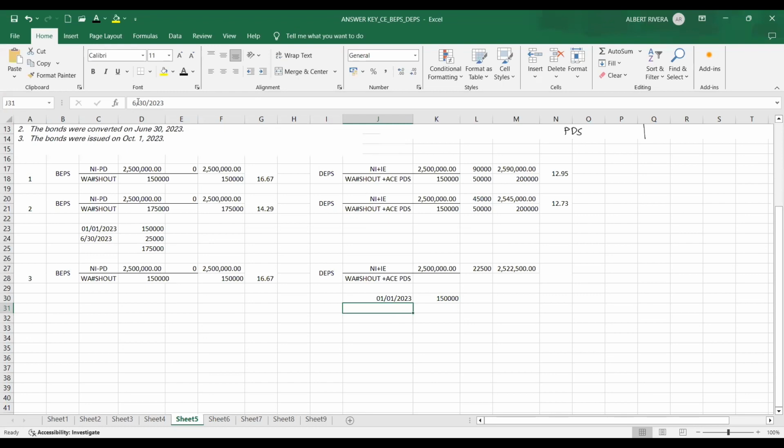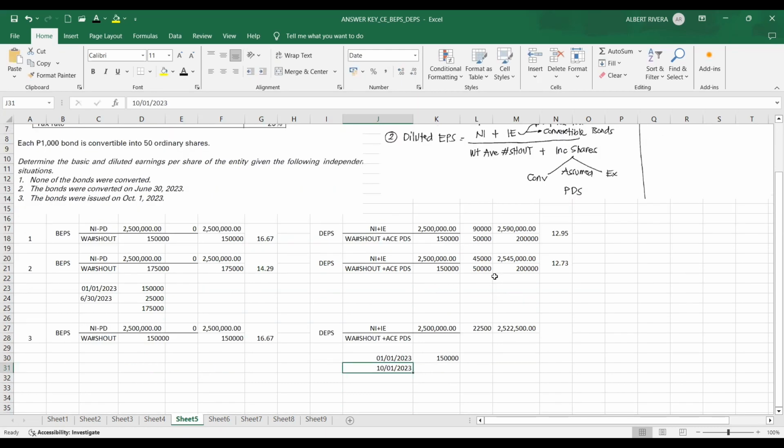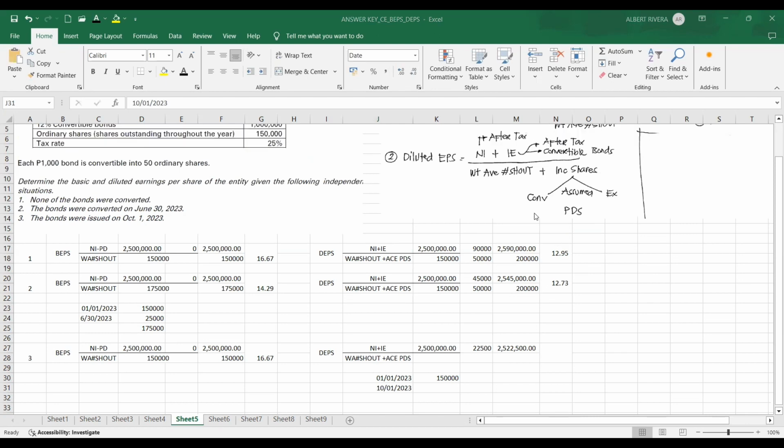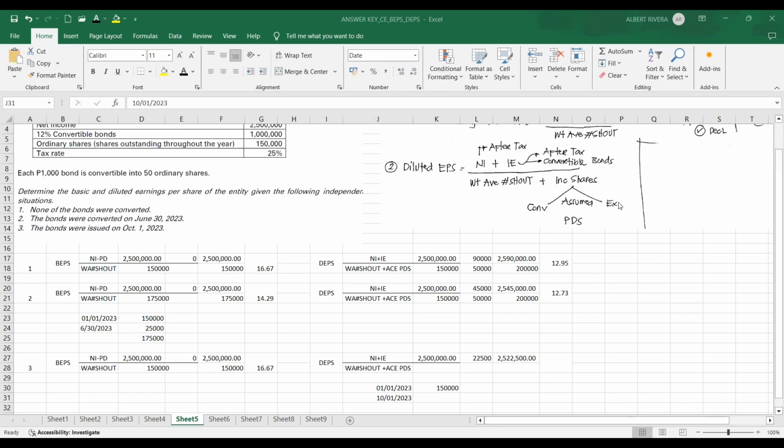And the formula is the assumed conversion or exercise of potentially dilutive securities. These bonds were assumed to have been converted at the time they were issued, and this was issued on October 1.